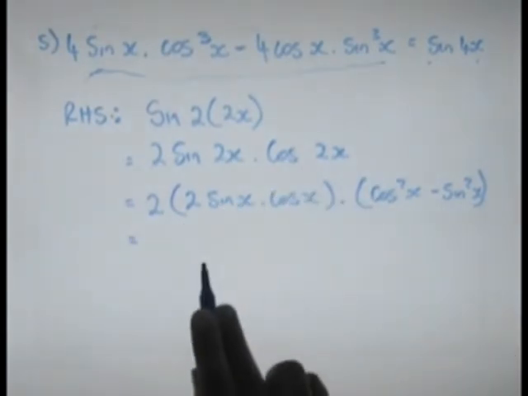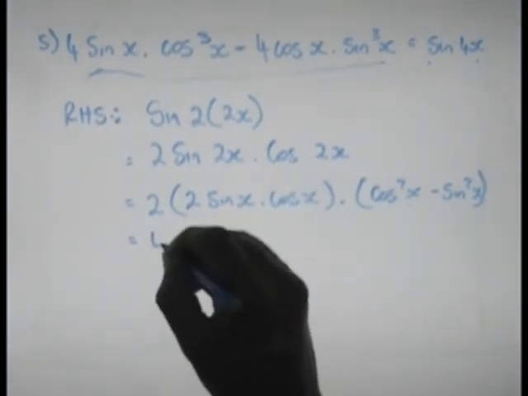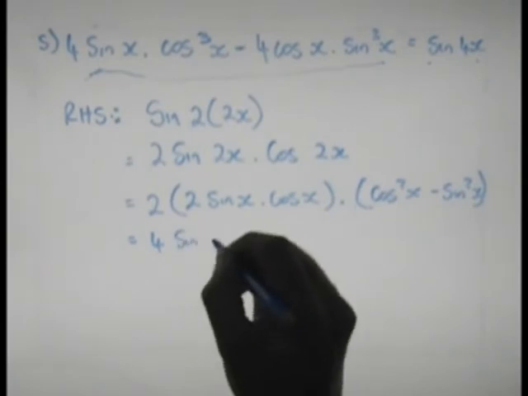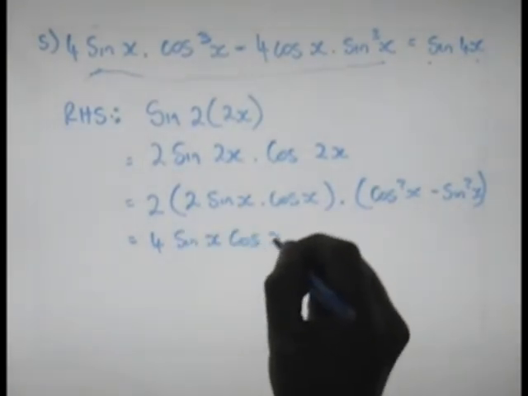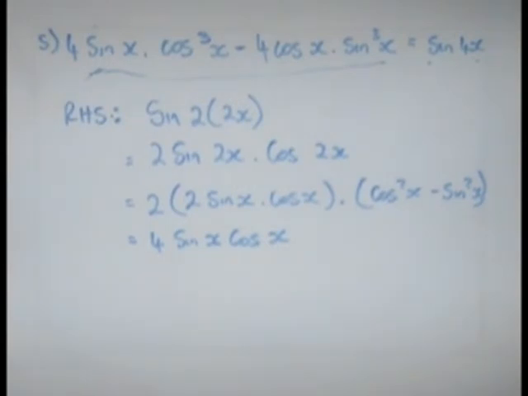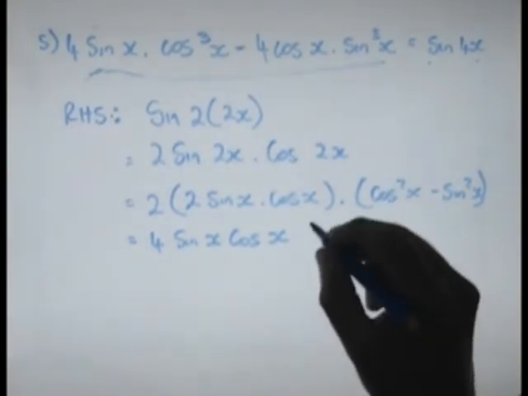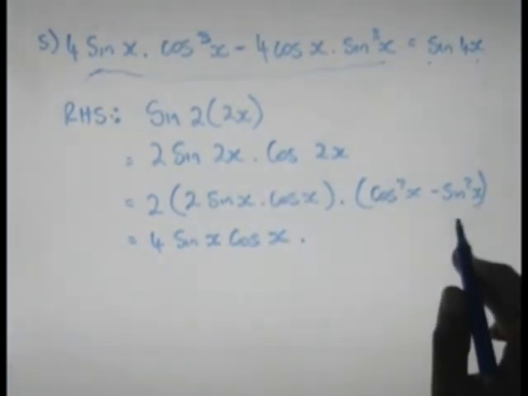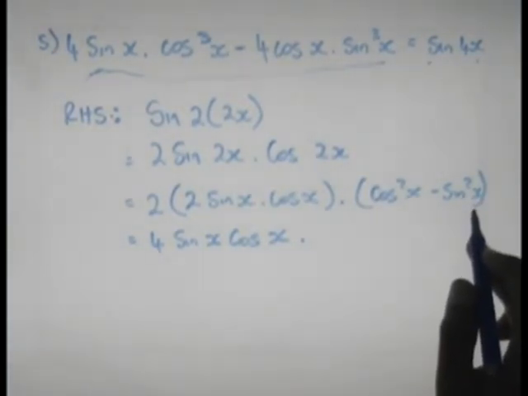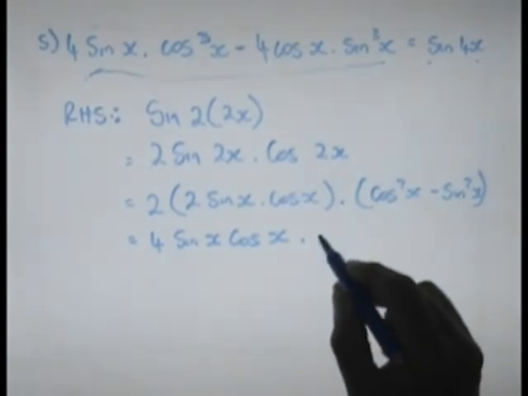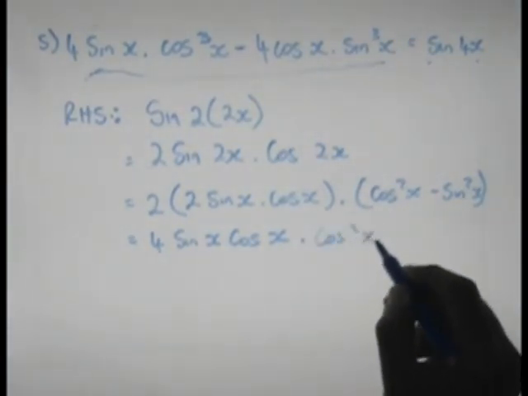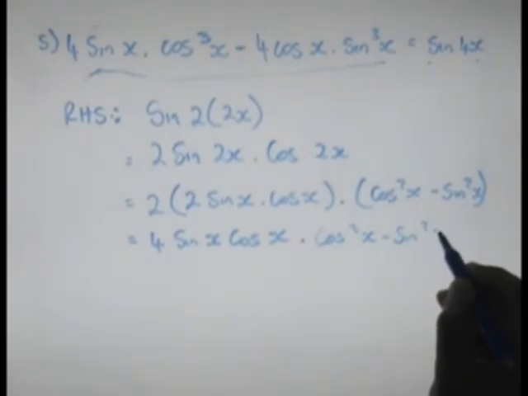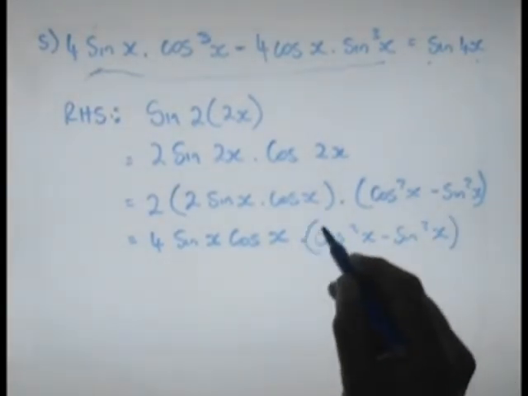That's going to equal 2 times 2 is 4 sine x cos x multiplied by cos squared x minus sine squared x. I'm going to leave that in brackets.